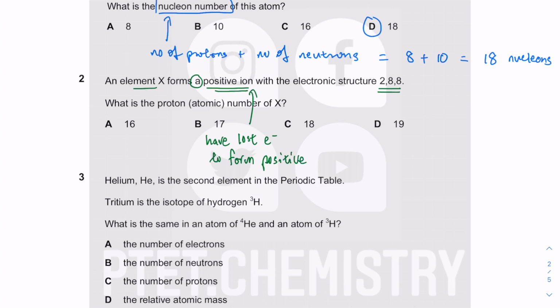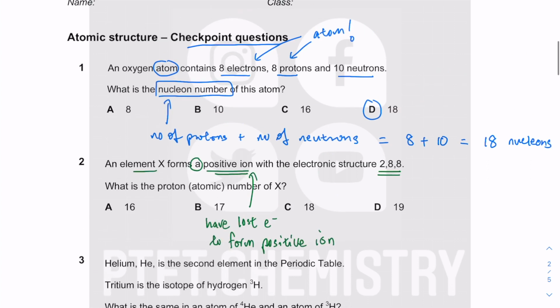Because you lose electrons, you lose negative charge. If you lose negative charge, you will have more positive charge than negative charge, because the number of protons is still the same, but you have lost the electrons from the atom of the element. Just like previously, in an atom, the number of electrons is equal to the number of protons. When you lose electrons, you will have more protons than electrons. That's why you have a positive charge. A positive ion is a result of losing electrons.